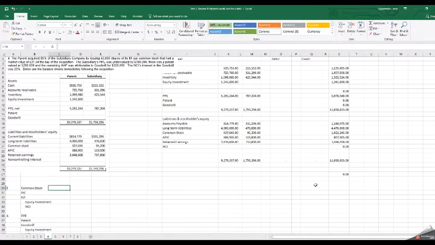So we still eliminate all of the sub's common stock, paid in capital, and then retained earnings. Again, just picking those up right off of the balance sheet. But then here is where we're going to come in and say, okay, let's sum these. This is our total equity.